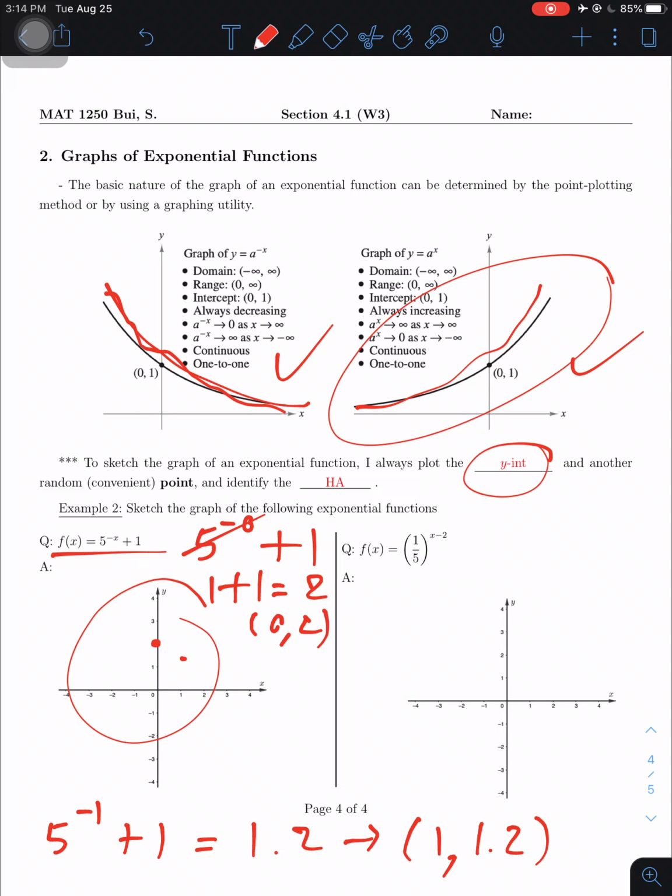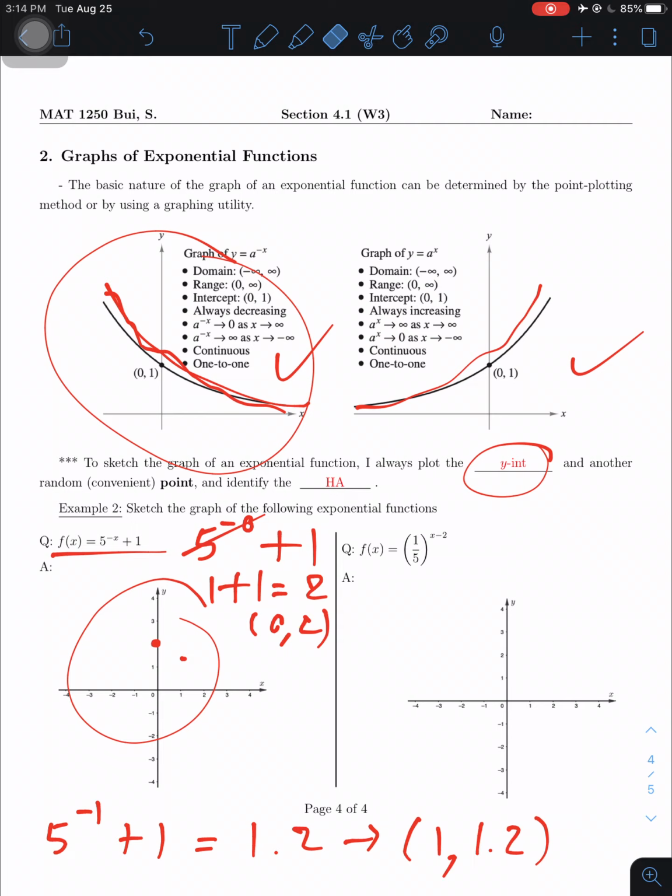I don't think so, to be honest. There's no way to connect these 2 points in this manner, so that's why I have to go with the first option right there, okay? But it really depends on the positions of your 2 points in order to draw a good image of your graph. Okay, so let me put back the line here.